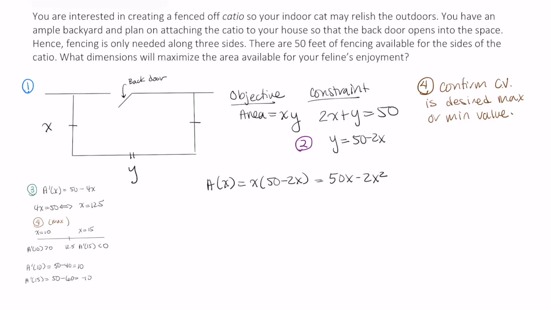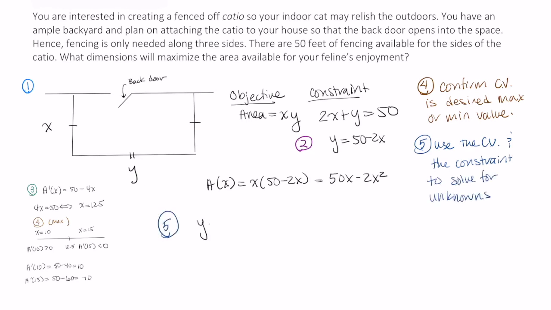That is, we can use the critical value in our constraint function to solve for any unknowns. So our constraint is y equals 50 minus 2x, but of course we figured out that x is equal to 12.5, so let's substitute that in here. So this is equal to 50 minus 2 times 12.5, which is y equals 25.